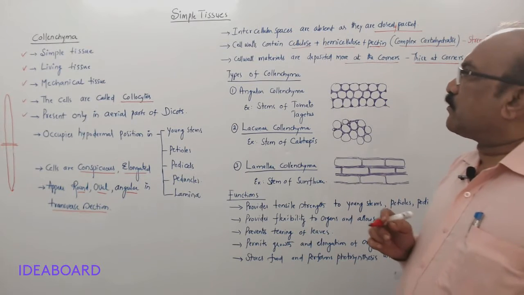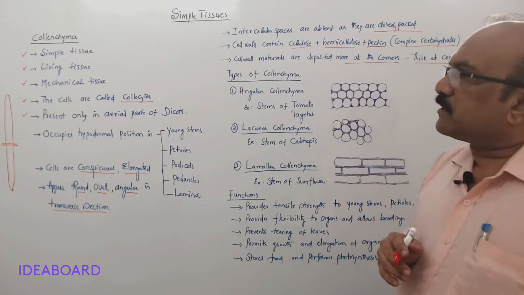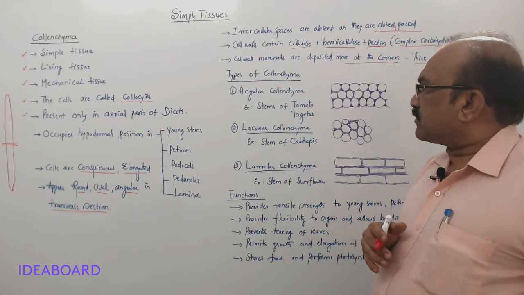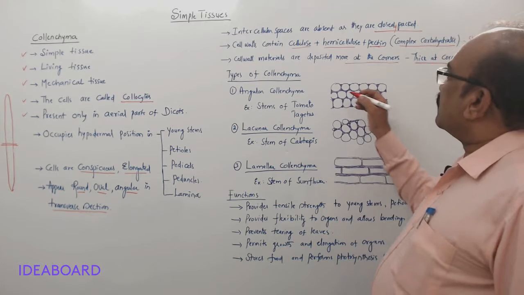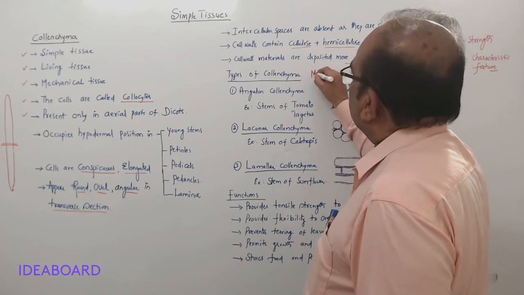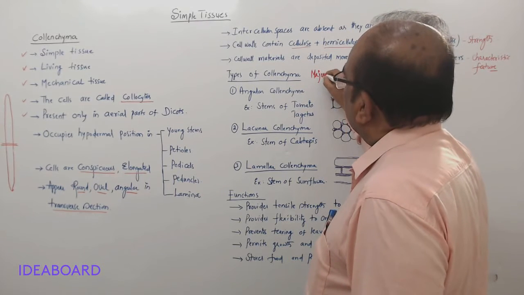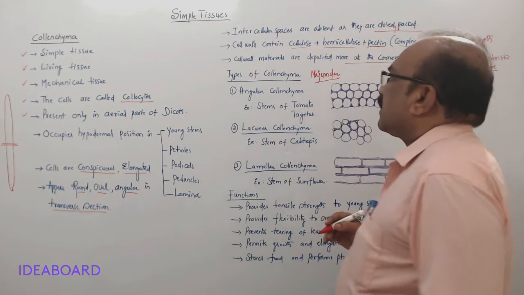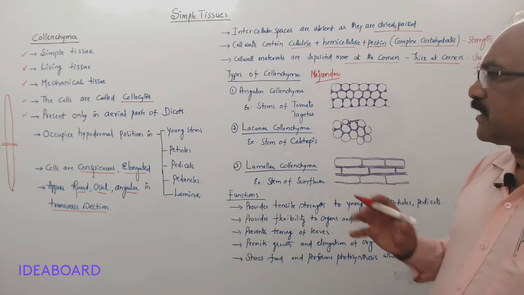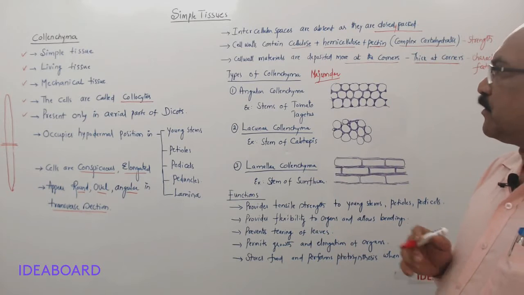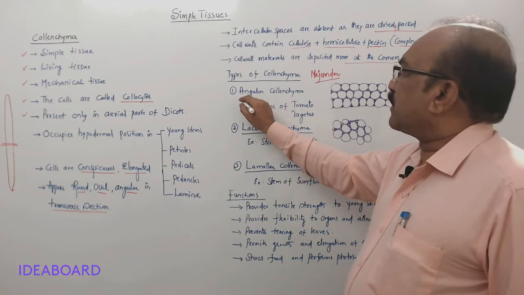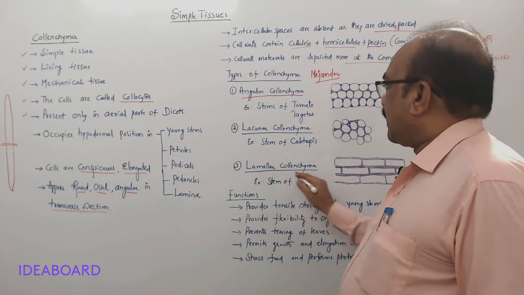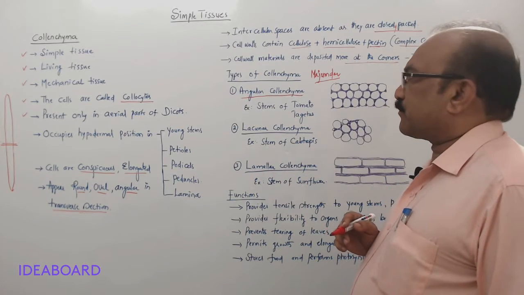Okay, but these collenchyma appear in different forms, and one scientist called Majumdar recognized three types of collenchyma: angular collenchyma, lacunar collenchyma, and lamellar collenchyma.